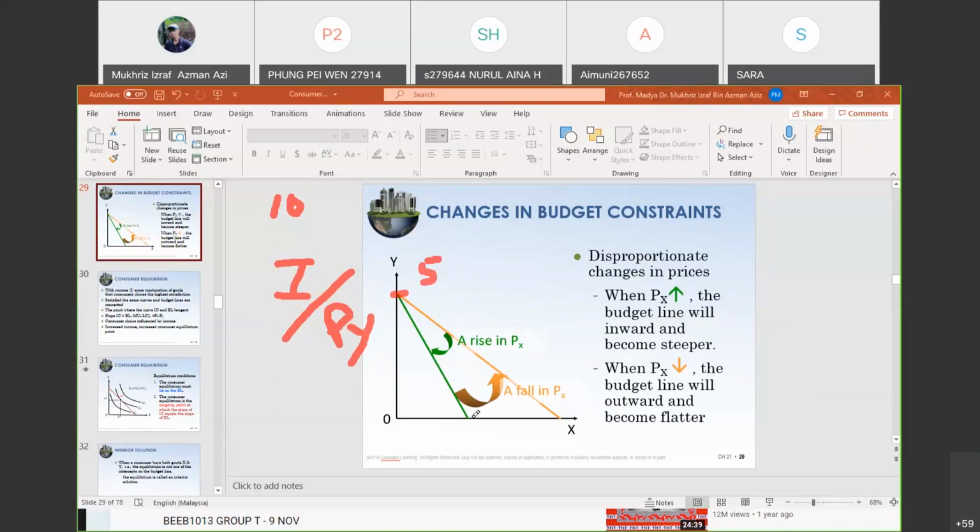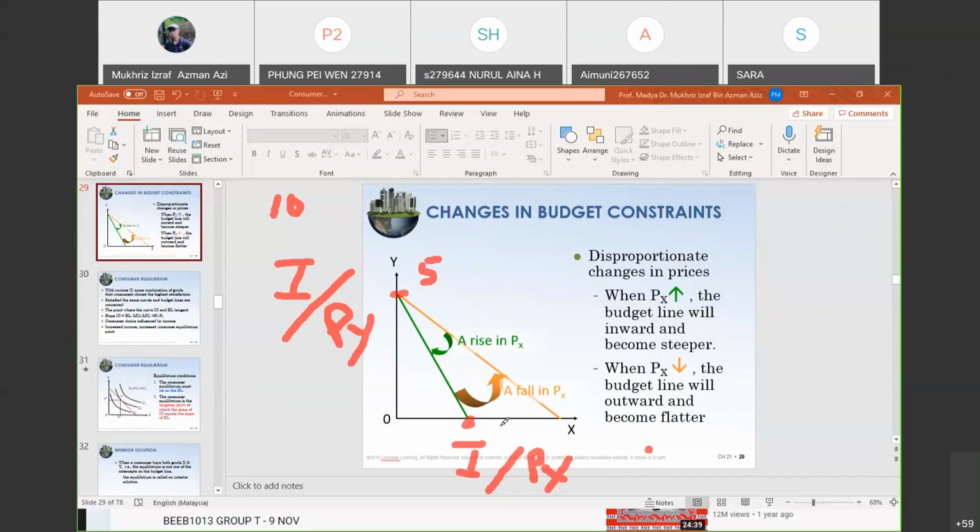And this point here, if the green line is the original curve, will be I over PX, income over the price of good X. So if your income is 10 ringgit and the price of X is 5 ringgit, 10 divided by 5, you will get 2.